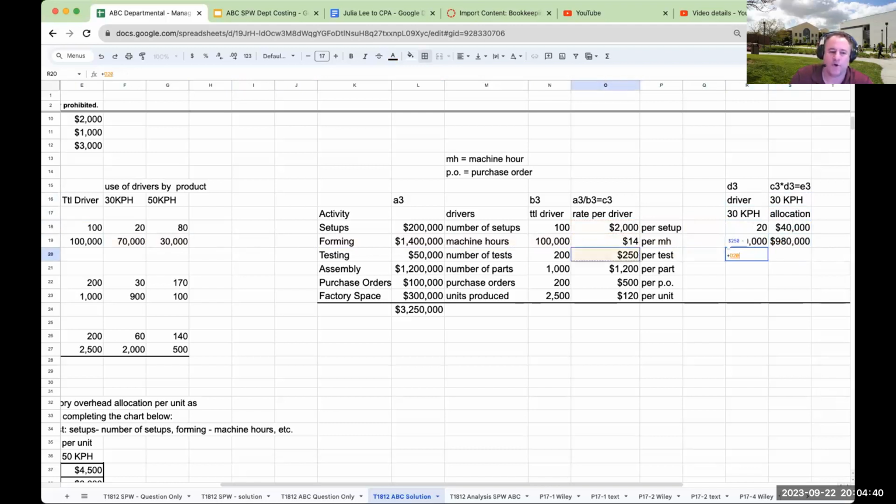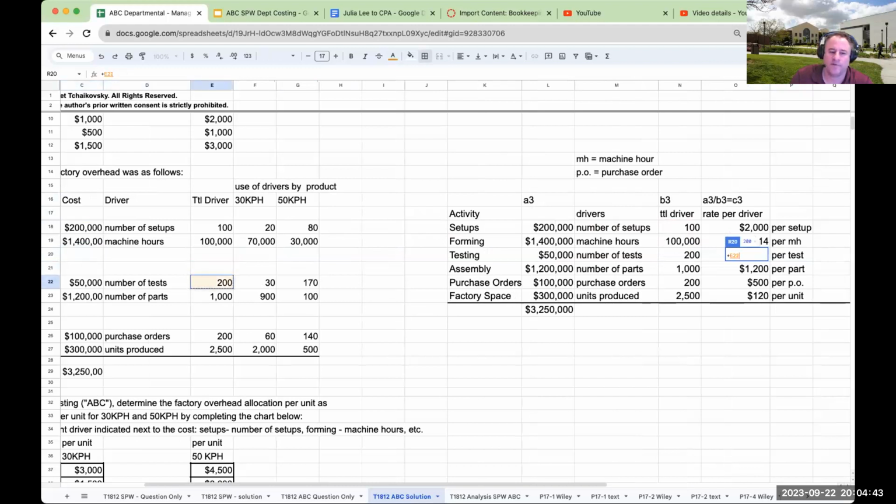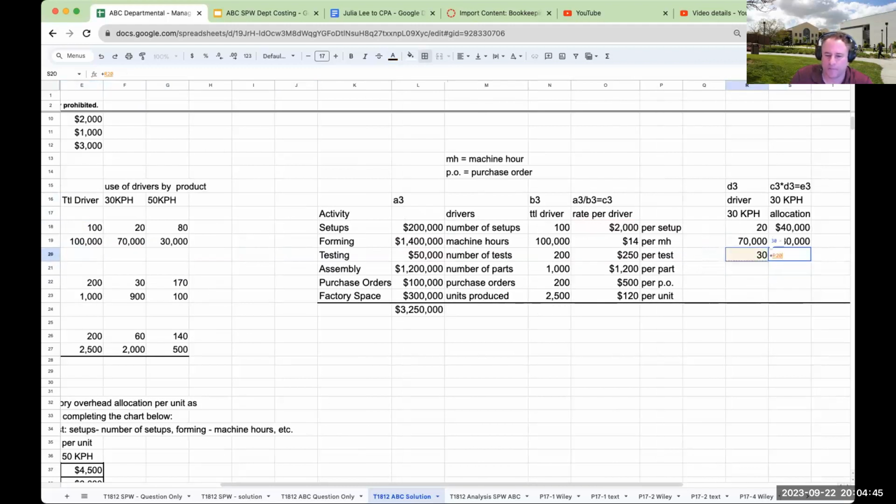My driver over here for the number of tests was 30. So over here, I'm going to take my rate per driver, which is going to be 250 times a 30, and it's going to give me 7,500. Over here, I had 900 parts being used for the 30 kph. So this is going to be $1,080,000. Over here, I had 60 purchase orders. So this is going to be 30,000 allocation for the 30 kph.